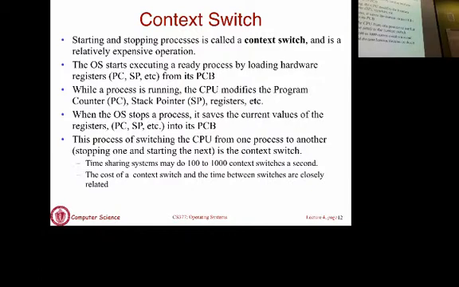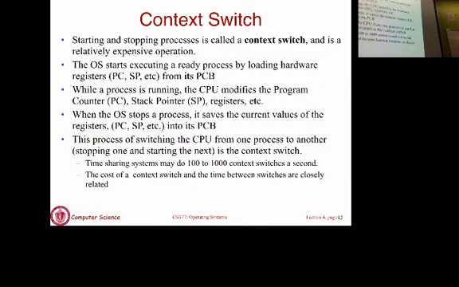Now this is a somewhat expensive operation because there are a number of bookkeeping items that the kernel has to perform in order to switch from one process to another. Most of these relate to saving the state of the currently running process into the process control block and restoring the state of the process that is going to run next from the PCB into various hardware registers and so on.